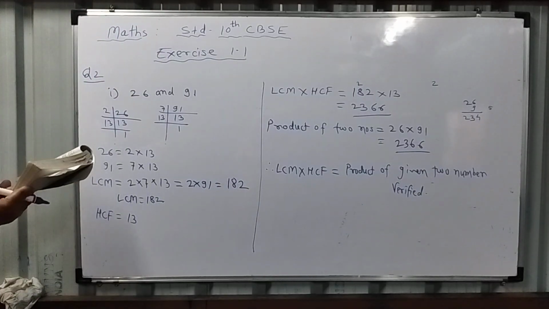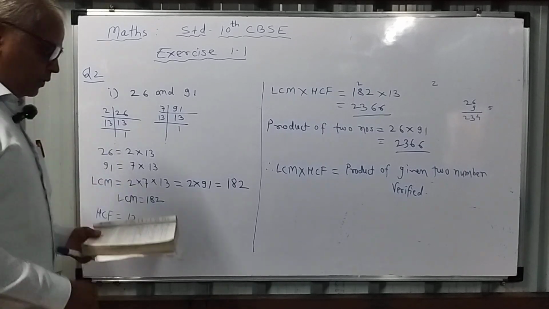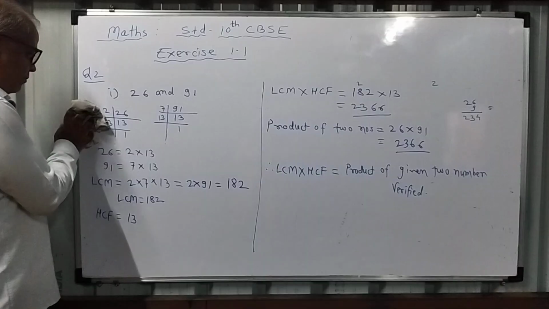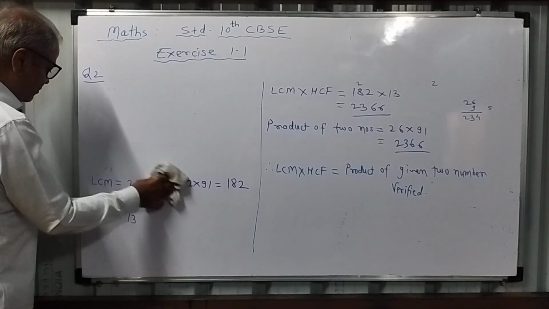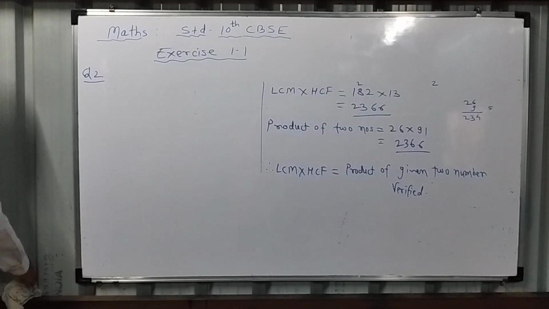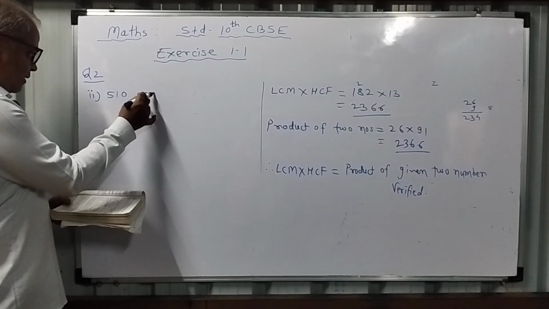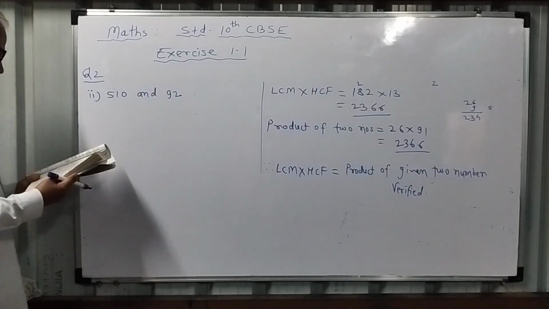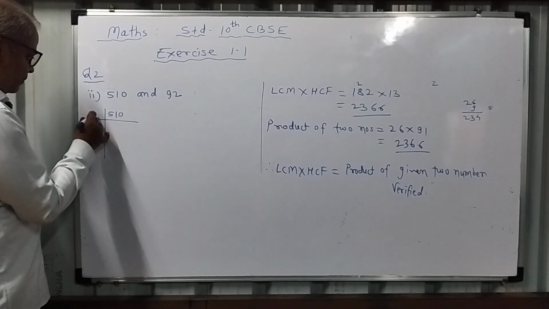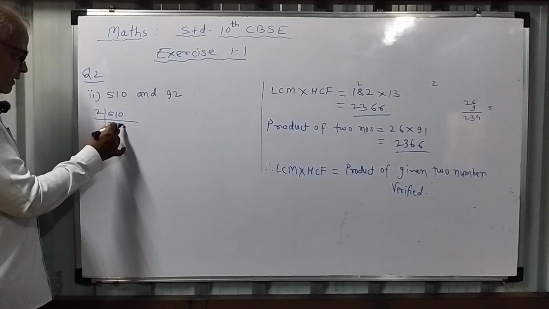Now sub question 2 is 510 and 92. Now prime factors. 510 is divisible by 2, 2 fives are 10.